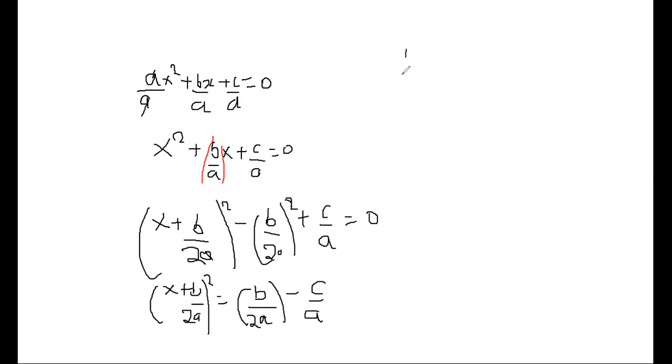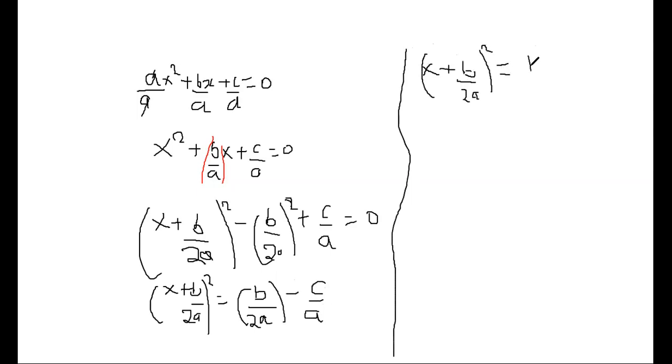Now this one can be written as x plus b over 2a squared is equal to b squared over 4a squared, in this case 4a squared because we square 2a, minus c over a.